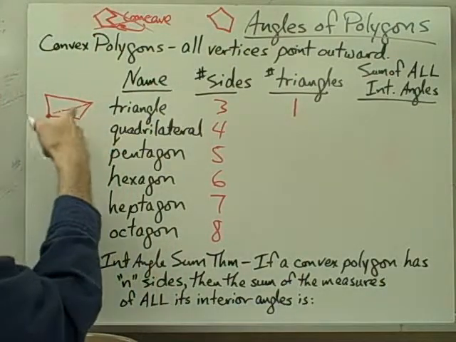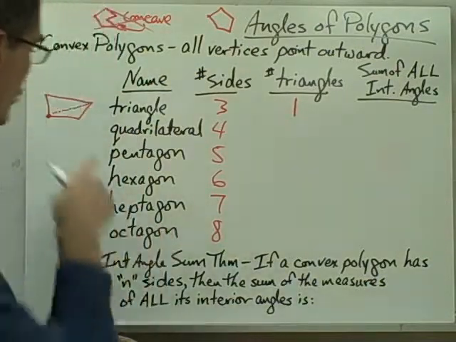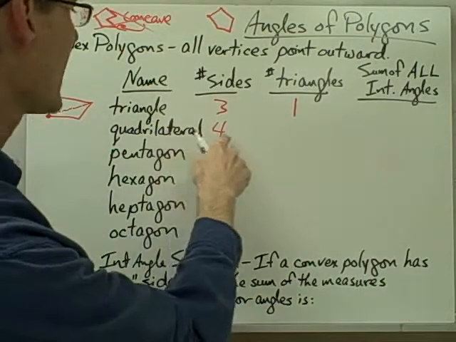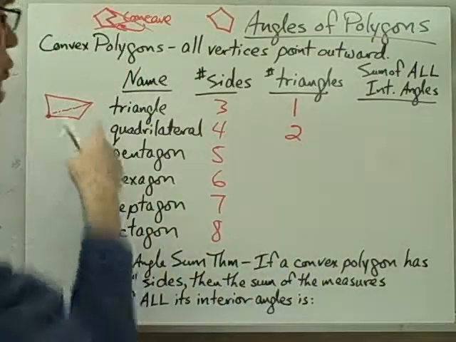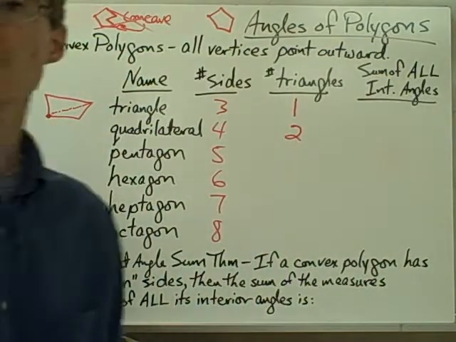And you can see for a quadrilateral, I can divide that quadrilateral up into 2 triangles, this one on the top and this one on the bottom. So for a quadrilateral, a 4-sided polygon, I can divide that into 2 triangles. Notice I'm drawing all of my diagonals from the same vertex point.